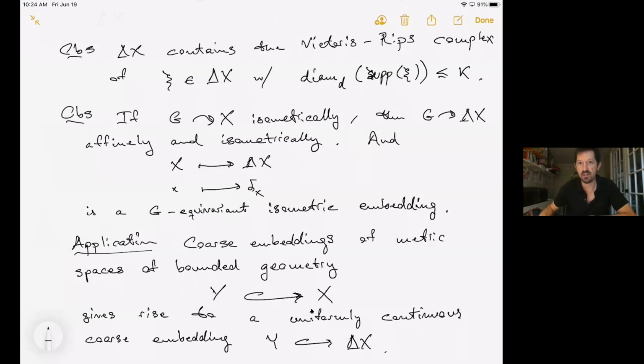So by augmenting your space to this convex hull, you can get improved mappings.